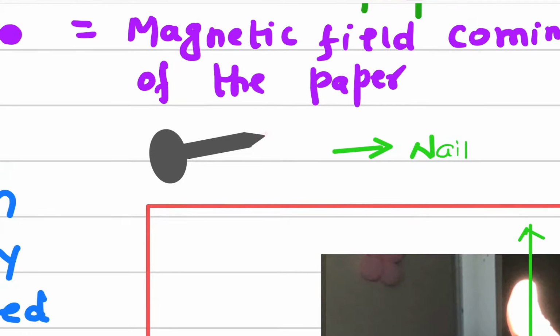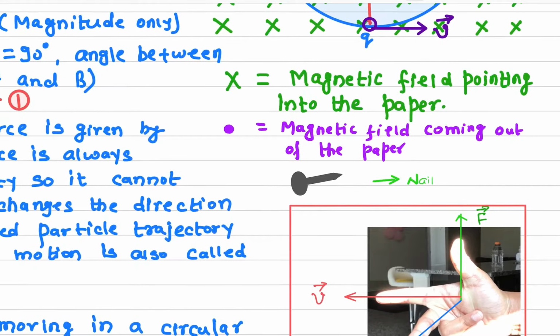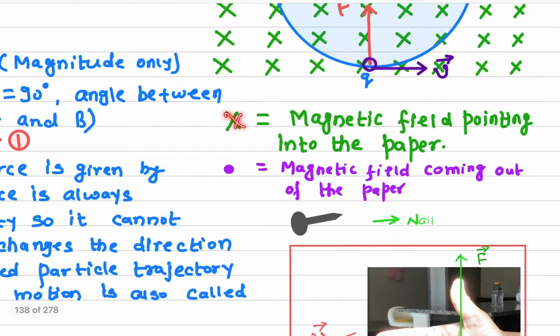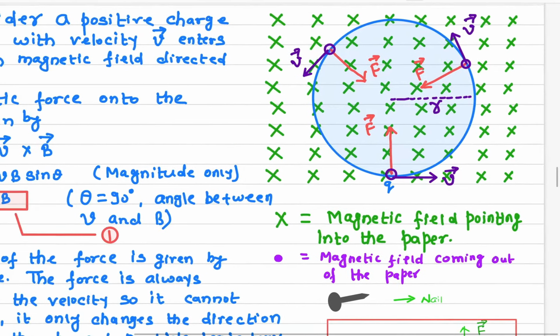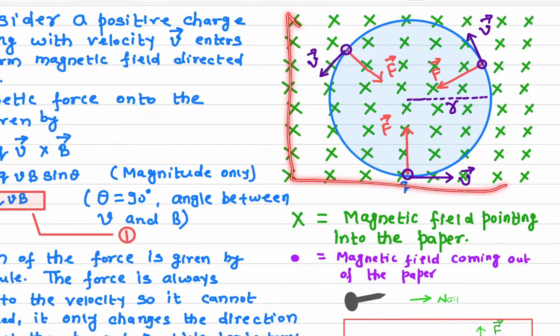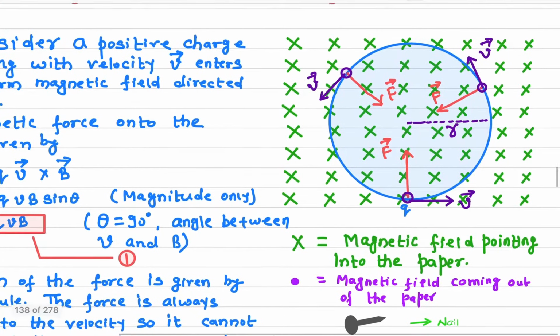So in this case, the magnetic field would be coming out of the paper. Keep these two notations in mind, and you can easily remember them by thinking about a nail. Okay. So here, we have a region of the magnetic field, and the direction is given by cross, that means the magnetic field is into the paper.